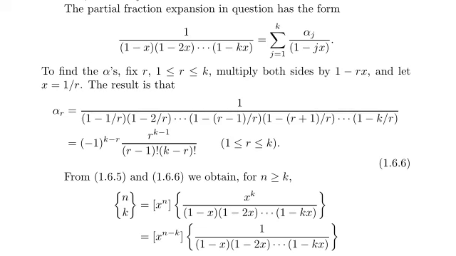We can just take this minus up to here, because minus 1 is its own multiplicative inverse, r to the k minus 1 over r minus 1 factorial times k minus r factorial. Is that what they've got? They've got minus 1 to the k minus r times r to the k minus 1 over r minus 1 factorial times k minus r factorial. Cool.